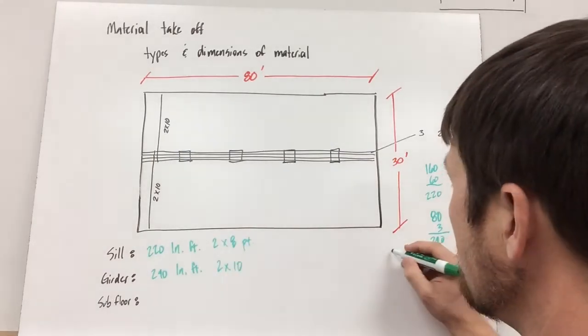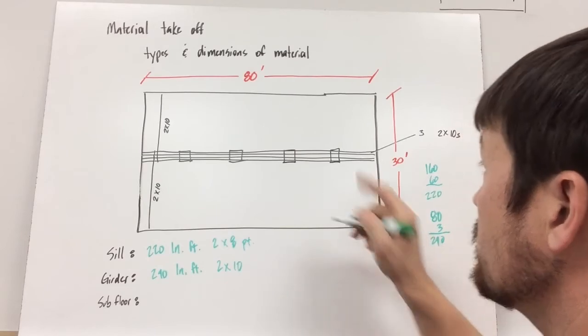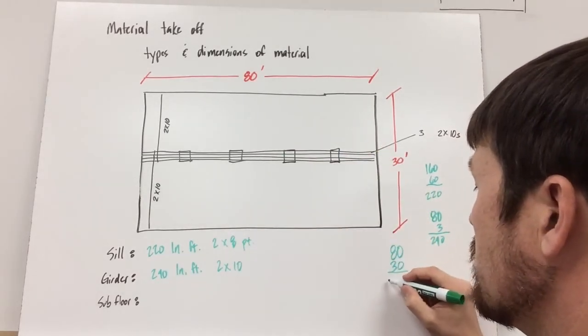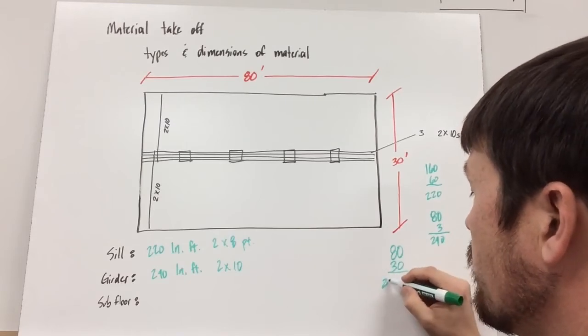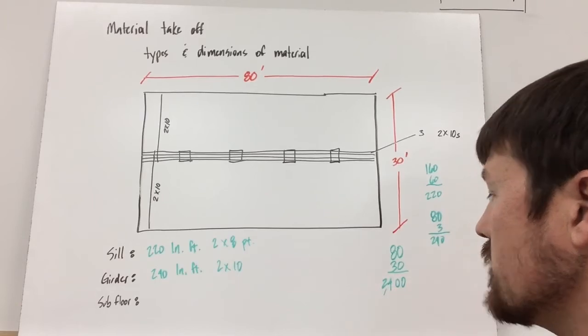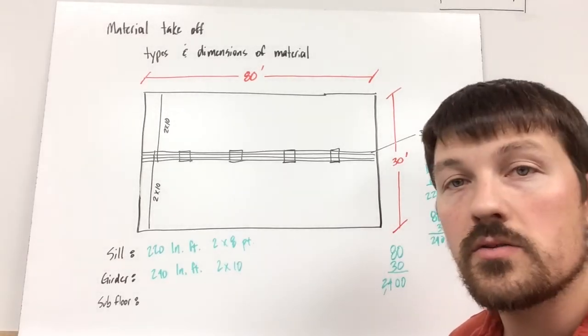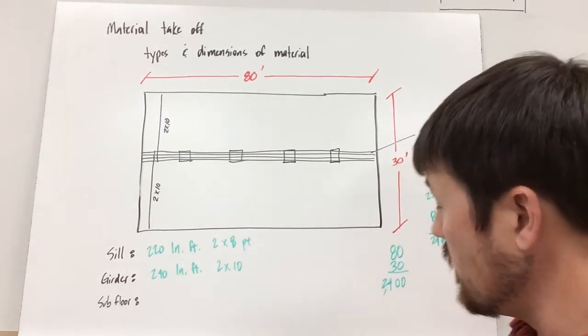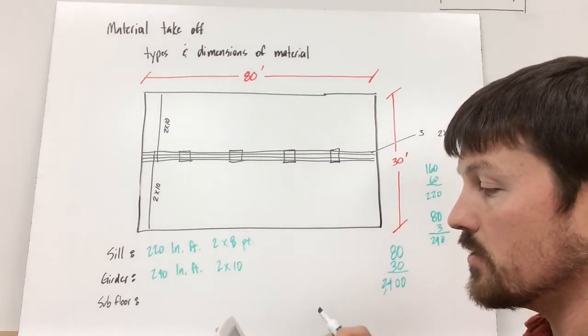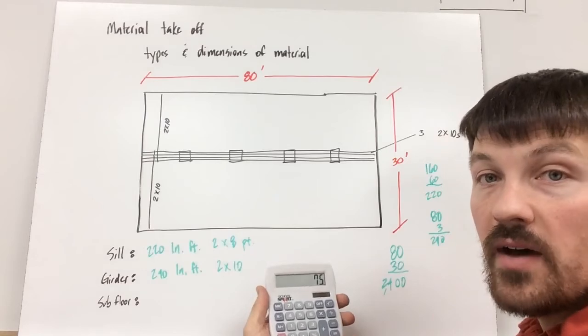So I'm going to take 80 times 30 to find the area. 8 times 3 is 24, and we just add our 2 zeros. It's 2,400. And I'm going to grab my trusty calculator. I'm going to take 2,400 divided by 32, and that's going to be 75 pieces.